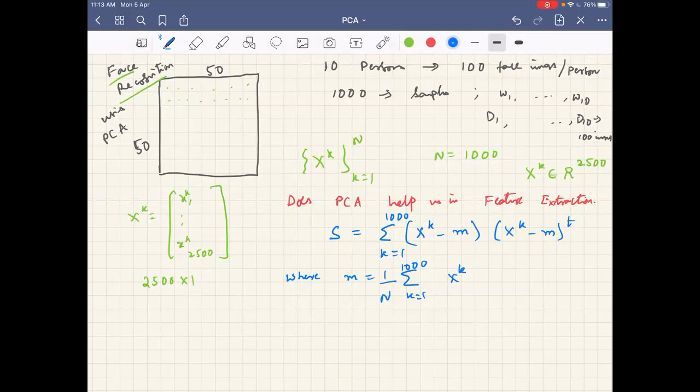It doesn't really matter. If you know a little bit of linear algebra, the unit eigenvectors for S and sigma are exactly the same, only the eigenvalues differ. If S equals N times sigma, where sigma is the covariance matrix and S is the scatter matrix, then the eigenvalues are E1, E2 and so on.